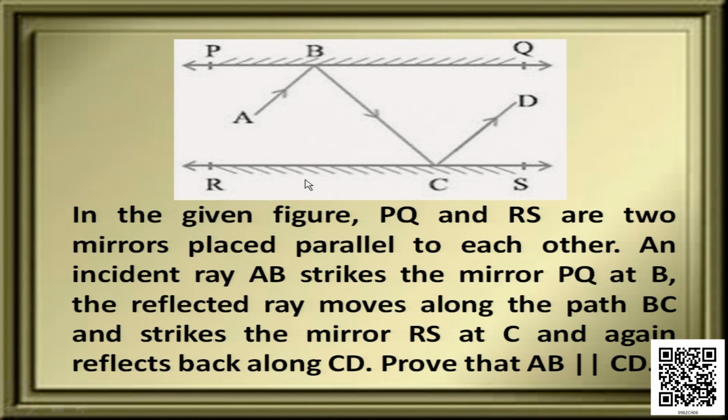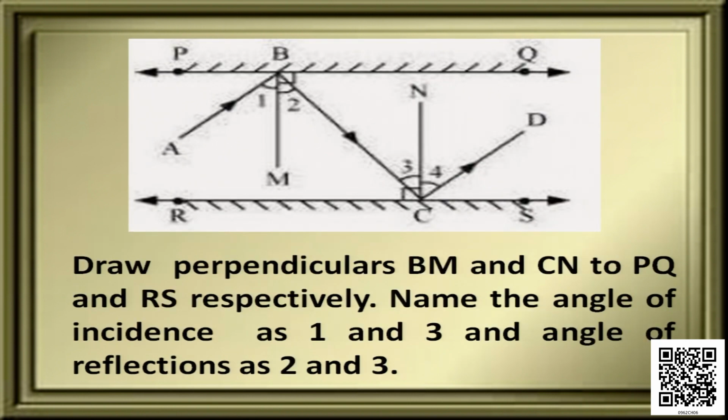To solve this, we have to recall the law of reflection. In that case, we have a figure like this. Let's draw two normals or perpendiculars BM and CN at PQ and RS respectively.